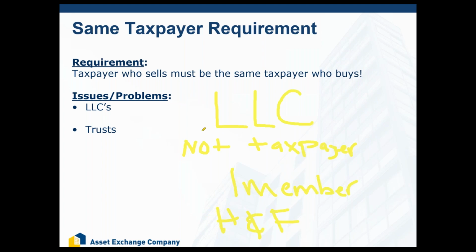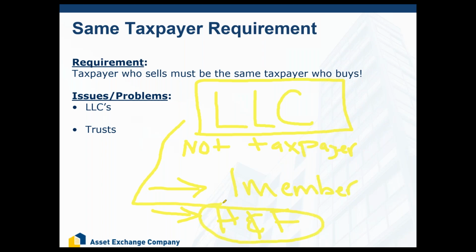If there is only one member, or if the only members are married couples, you can choose to disregard the LLC for tax purposes. It will not file a tax return, and everything flows down to the actual husband and wife or the one member.